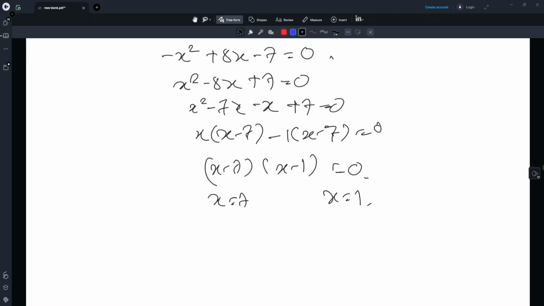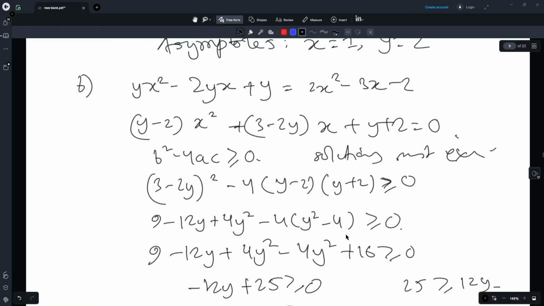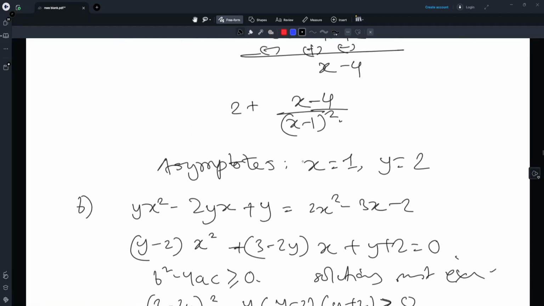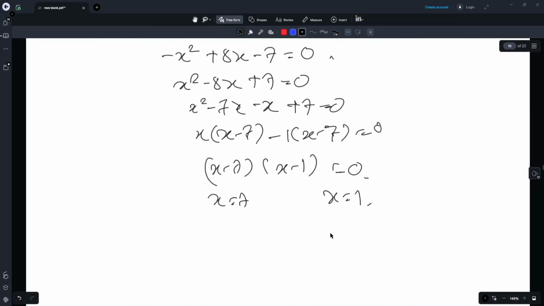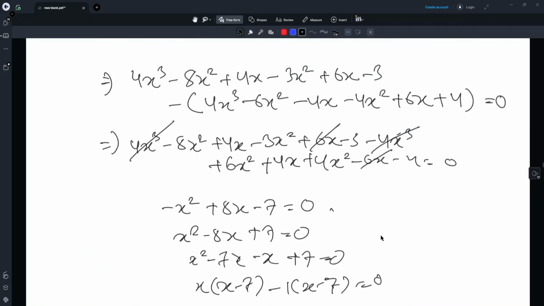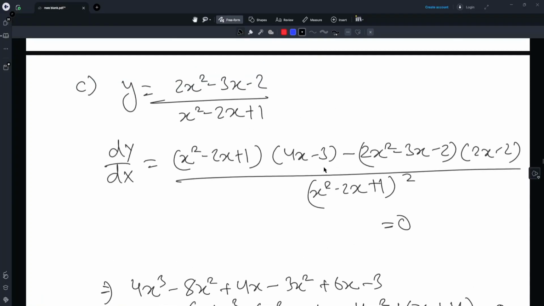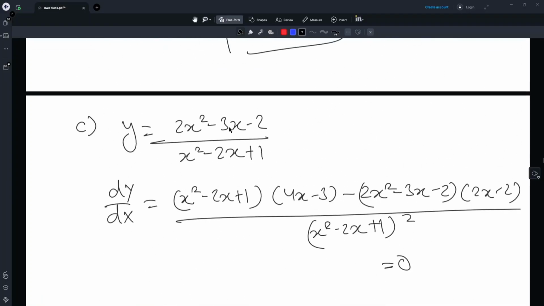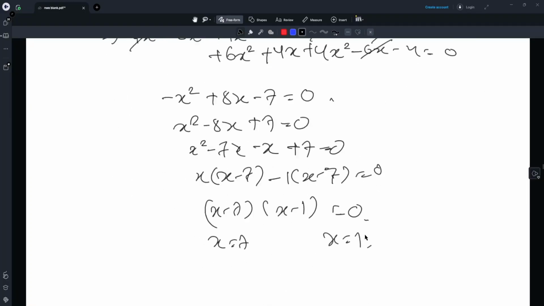Well, actually, let me tell you something. This is x equals 1, right? Let me go back to the top. Haven't we declared this as an asymptote? In fact, if we substitute x equal to 1 here, because it said to find the coordinates, we realize that we have an x minus 1, so this will become 0. I don't know why we got 1 here.